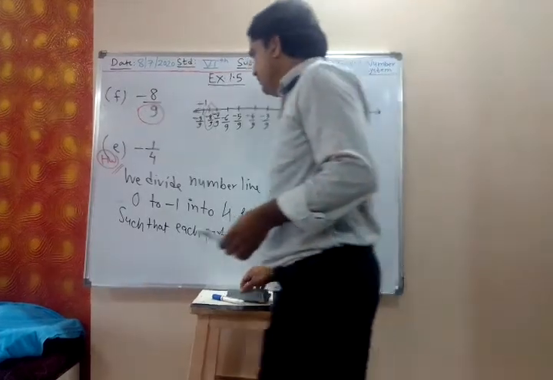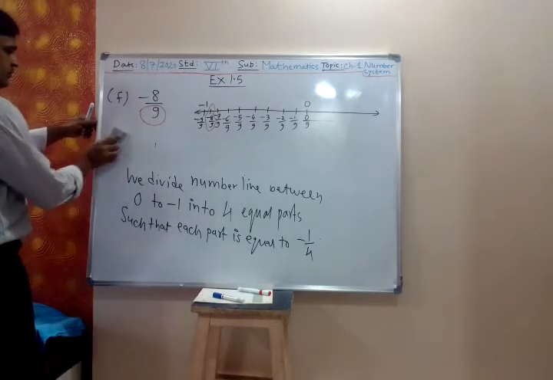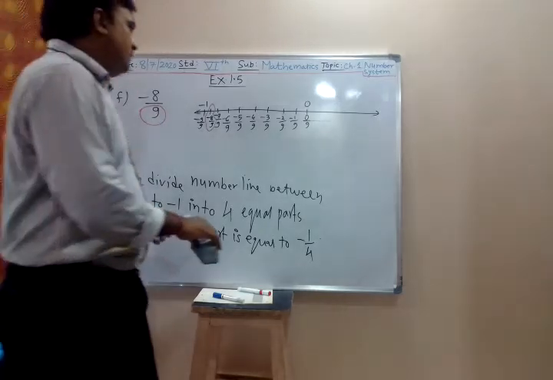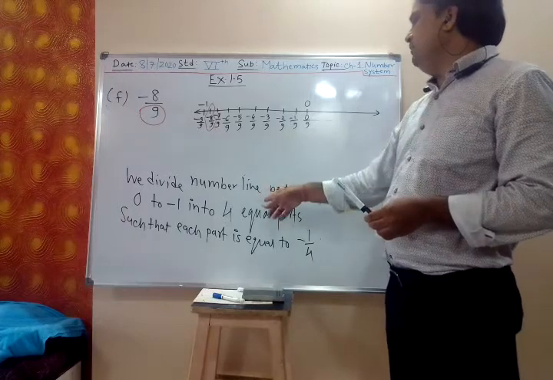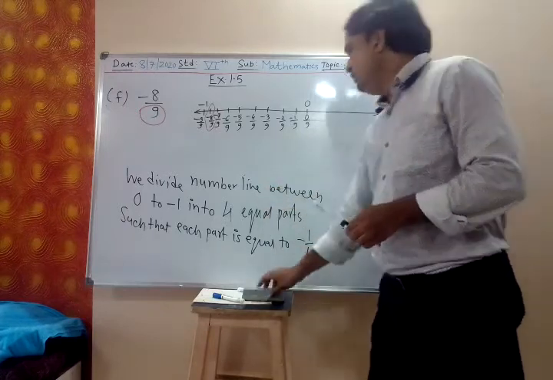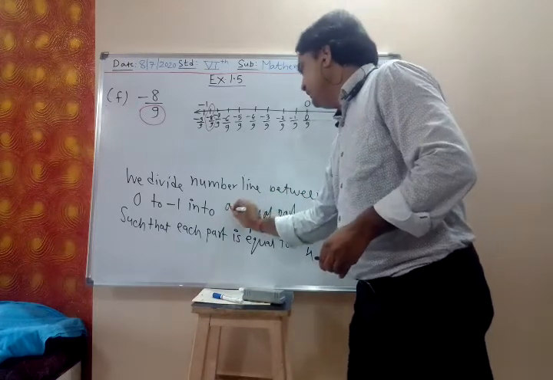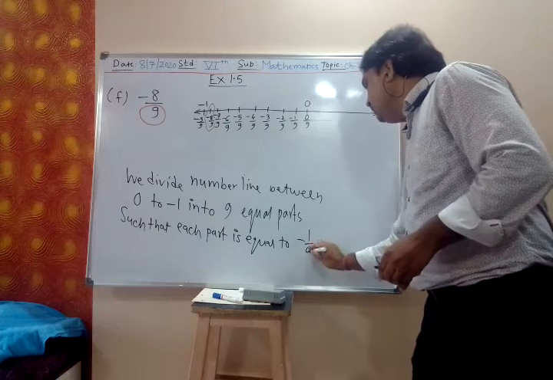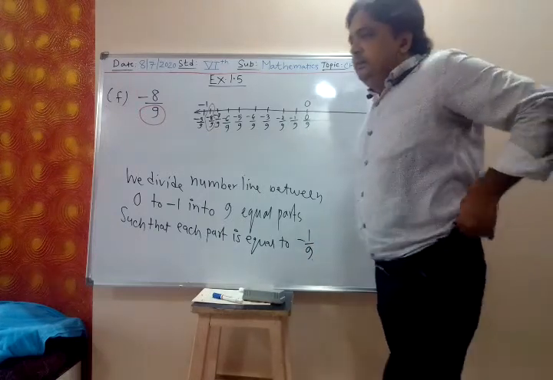So after this we write, E is minus 1 upon 4. So we divide the number line between 0 to minus 1 into 9 equal parts, such that each part is equal to minus 1 upon 9. Yes, right.